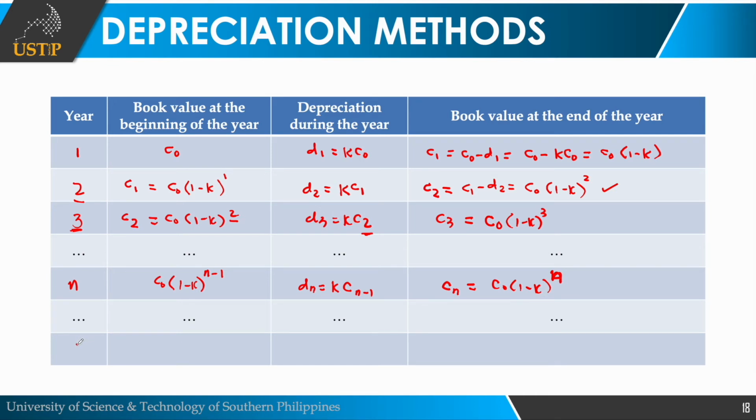So that when your n is equal to L, abot na kasi imong useful life, your book value is just c sub o (1 minus k) raised to L. And your depreciation during that year is d sub L, that is k times c sub L minus 1. So your c sub L here is equal to c sub o (1 minus k) raised to n.